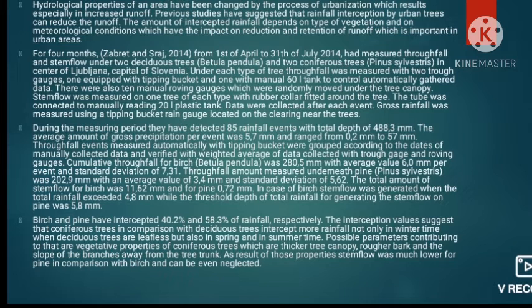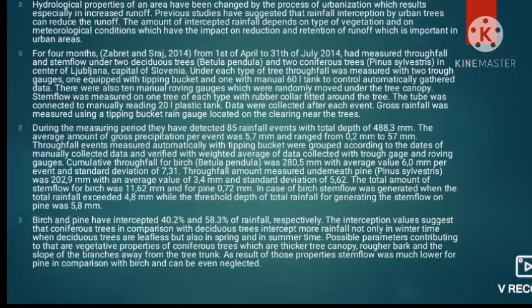In the case of birch, stemflow was generated when the total rainfall exceeded 4.8 mm, while the threshold depth of total rainfall for generating stemflow on pine was 5.8 mm. Birch and pine intercepted 40.2% and 58.3% of rainfall, respectively.